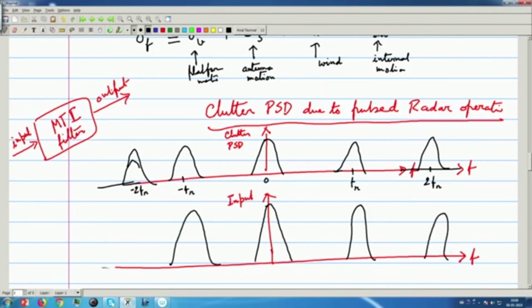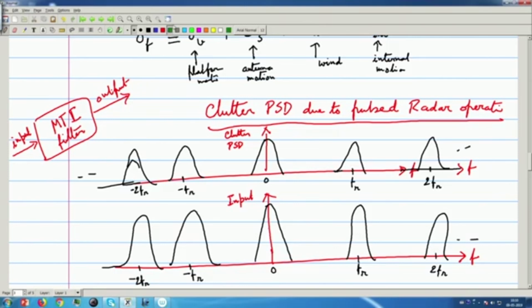All same, maybe my drawing is off. So, at FR, 2 FR, this also continues, this is minus FR, this is minus 2 FR, and also some of the targets will be there.